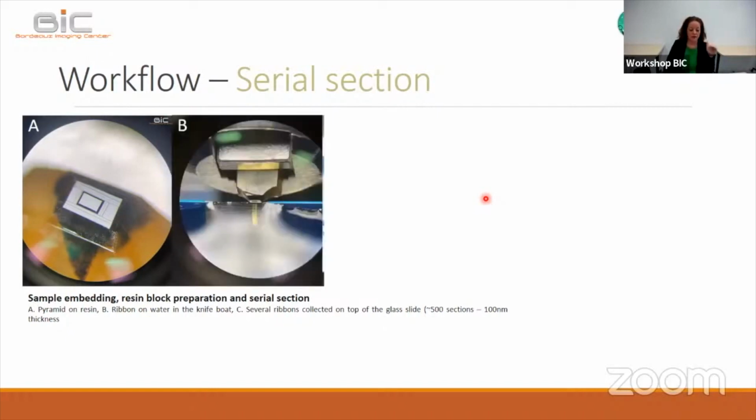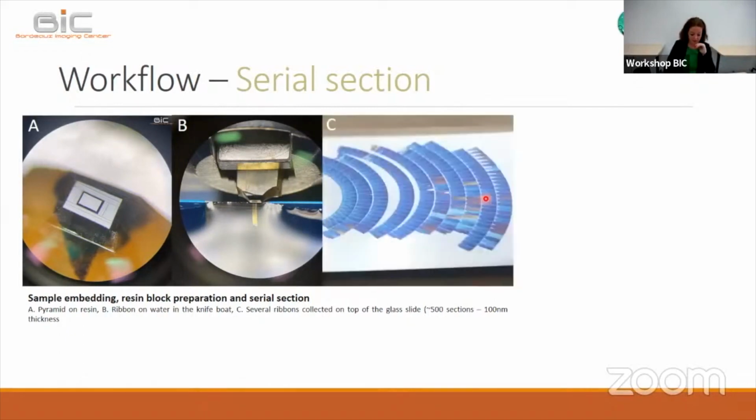Then you will add some glue at the top of the pyramid, and when you do sections, all the sections will stick together in a ribbon, and in that way you can obtain ribbons of hundreds of sections that you can then put on a support.